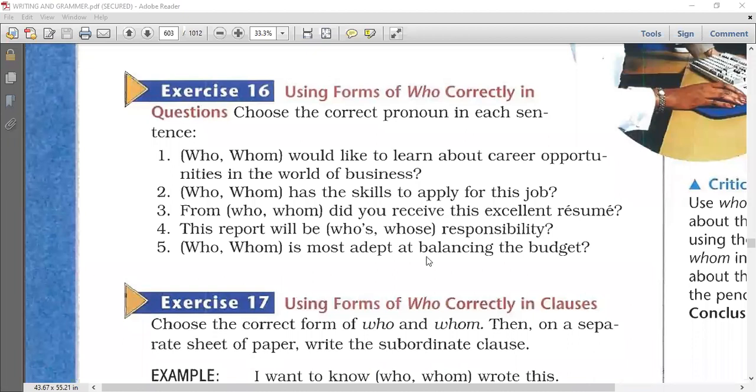Yahya Awad, number 2. Raise your voice, please. Who have the skills to apply for this job? Good. Number 3, I'll go to Yusuf Awad.